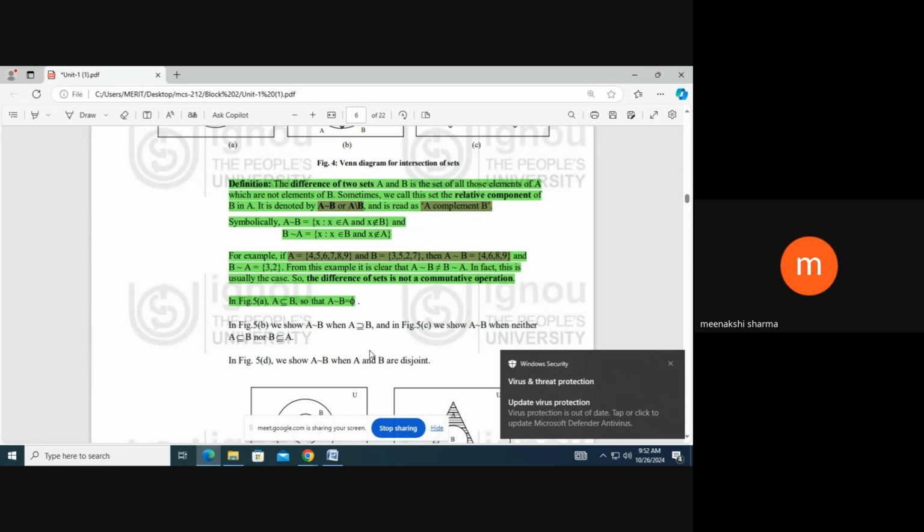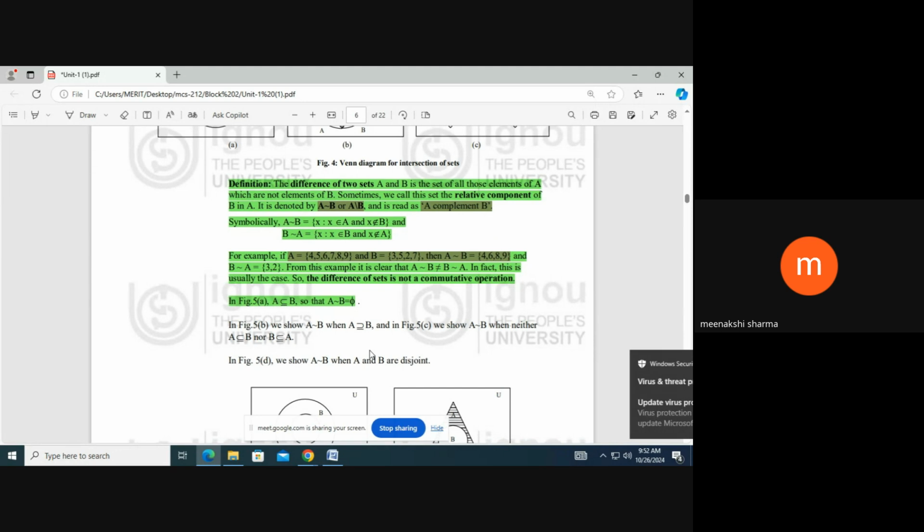There is a symbol A minus B, A oblique B, which is the difference of two sets. There is also a symbol A complement of B, also called the difference of two sets. It's called the relative complement. A has some elements like 4, 5, 6, 7, 8, 9, and B has elements like 3, 5, 2, 7.